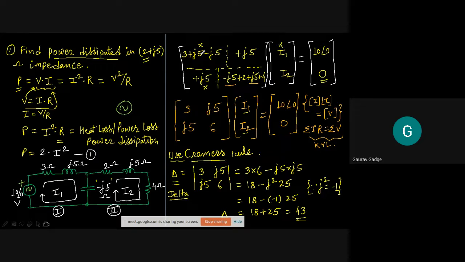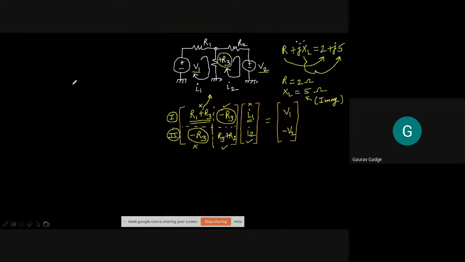These are terms: first row, first column belongs to I1, and even this particular term belongs to I1. So when I have to find I1, I have to replace this column by a voltage column, that is 10 angle 0 and 0. So just check the next slide.